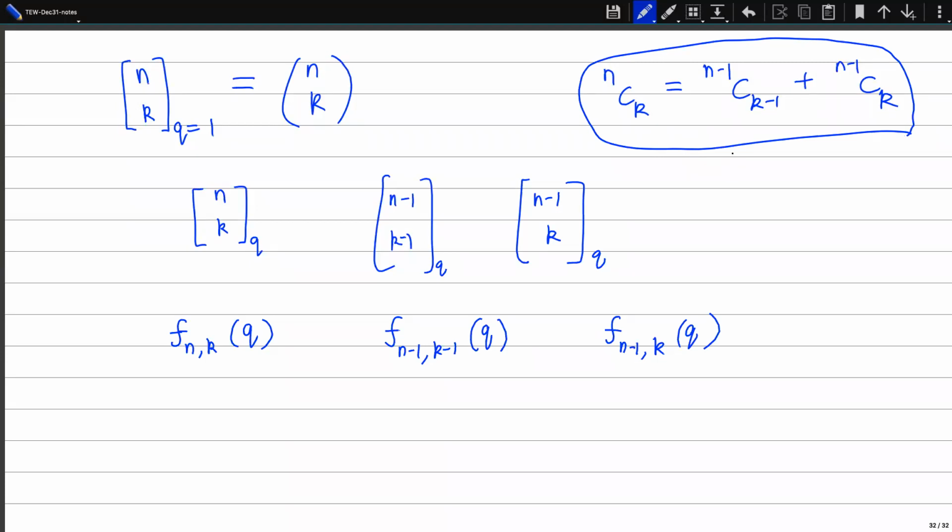So how did we split it into two pieces here? You have to choose k things from n things. What does this term mean and what does that term mean?